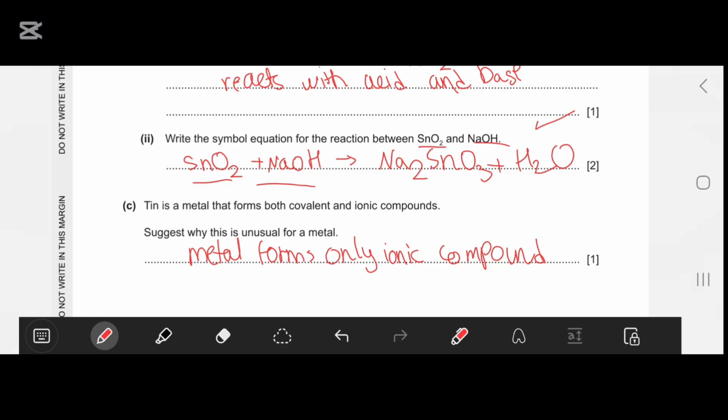This one reacts with both: with metal to form ionic, with non-metal to form covalent. The metal should only react with a non-metal to form an ionic compound. It shouldn't be making a covalent compound, as a covalent compound is only non-metal and non-metal.